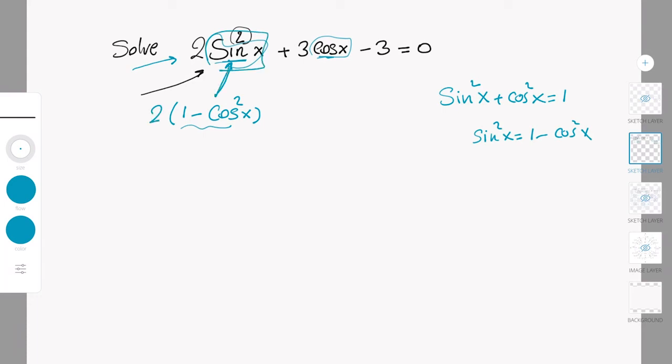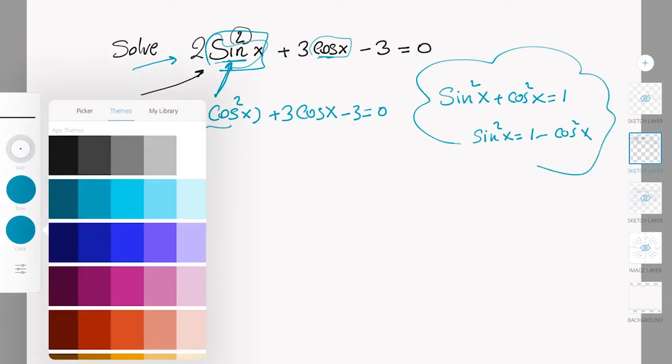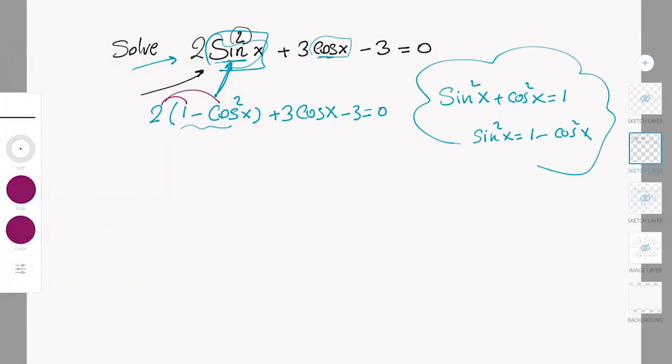Now multiply by 2: 2 times (1 minus cosine squared of x) plus 3 cosine of x minus 3 equal to 0. Let's simplify this. We get 2 minus 2 cosine squared of x plus 3 cosine of x minus 3 equal to 0.